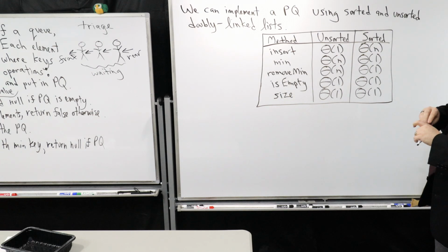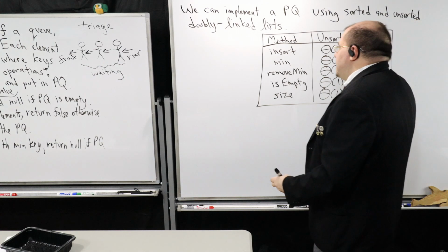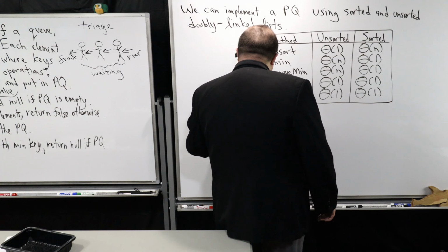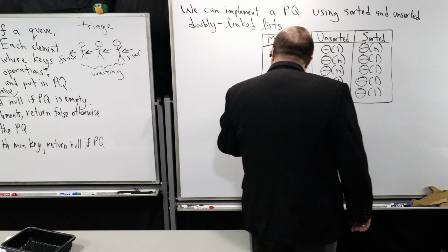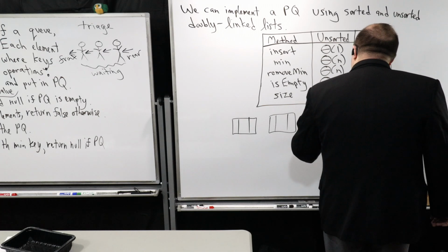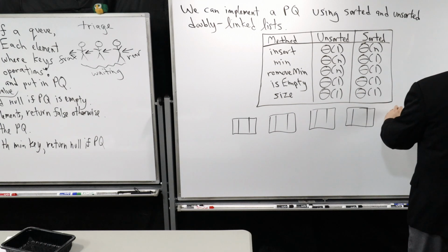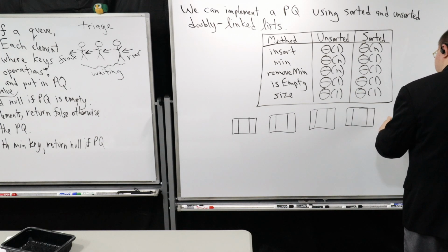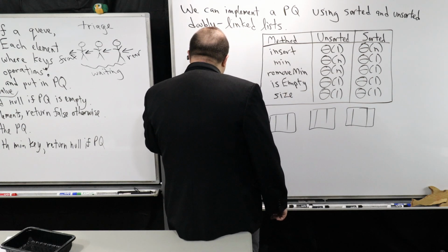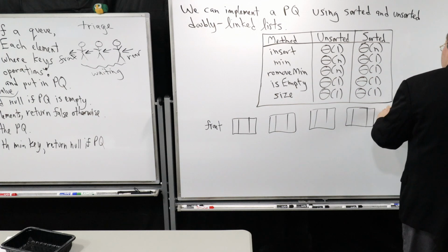So one way you can implement a priority queue is using a so-called doubly linked list. If you've never seen a doubly linked list before, I'm just going to draw you a fun picture, because you may have seen one of these before. I just want to give you the intuition behind this. You could have a front and rear.